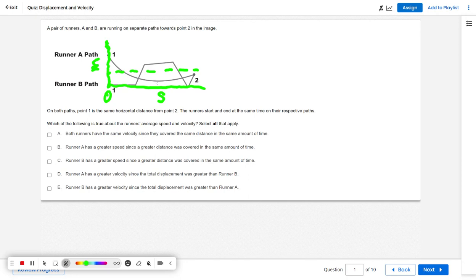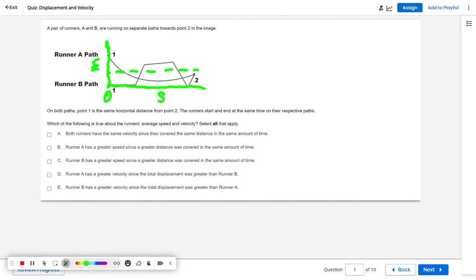And the runners start and end at the same time on their respective paths. So as you see, we want to be able to talk about the average speed and velocity. So let's select all that apply.